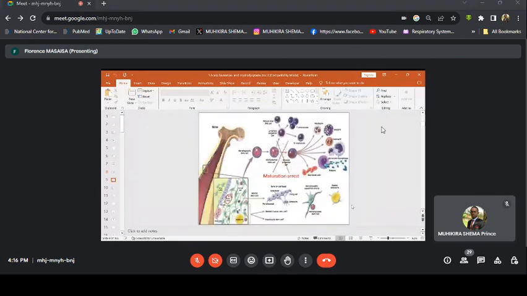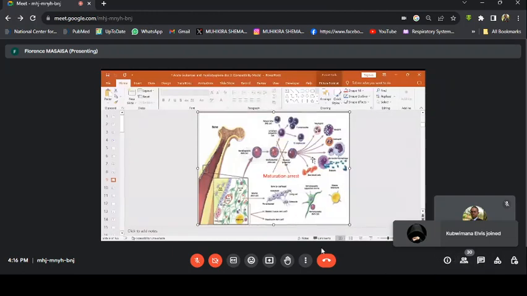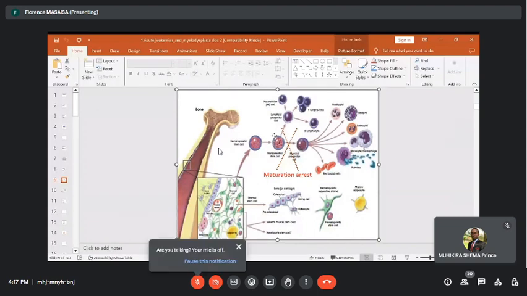So maybe I can do it like this. You see here, I'm going to explain the two things at the same time. You see the hematopoietic stem cells, which have the capacity to produce differentiated cells. You have lymphoid progenitors, you have myeloid progenitors. When there is acute myeloid leukemia, there will be maturation arrest from here. From here, there will be no further maturation, so the mature cell will not be there.